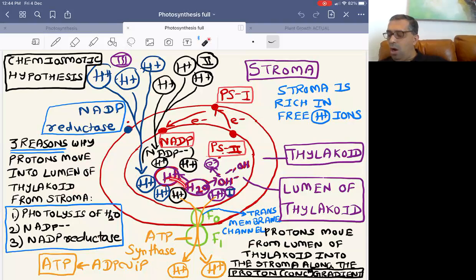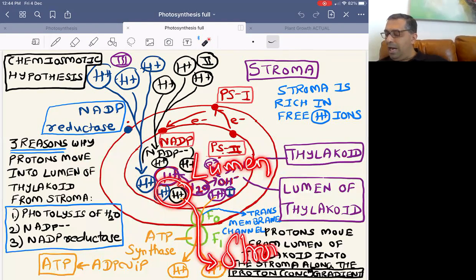As a proton passes through F0 into the F1 particle and returns from the lumen into the stroma, it will pass through F0, which is the transmembranous channel, then through the F1 particle.